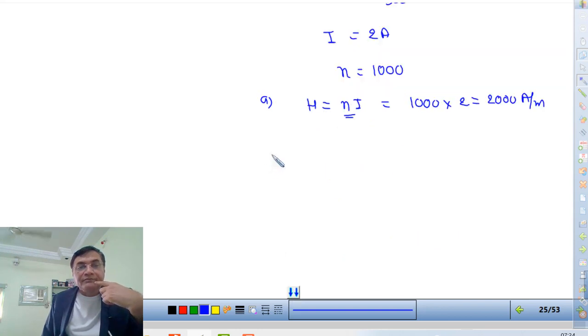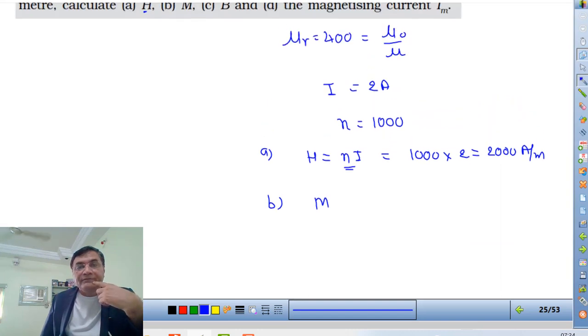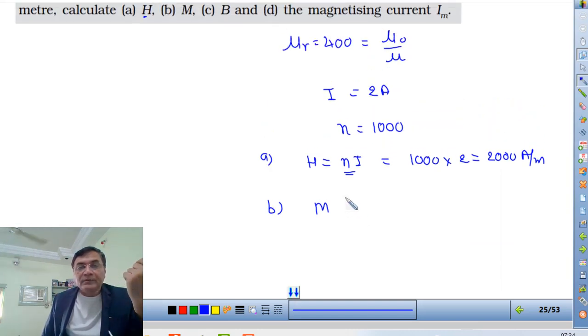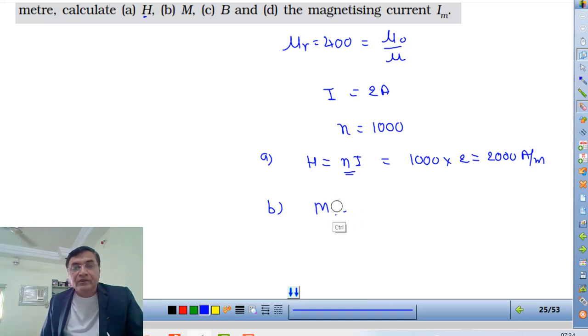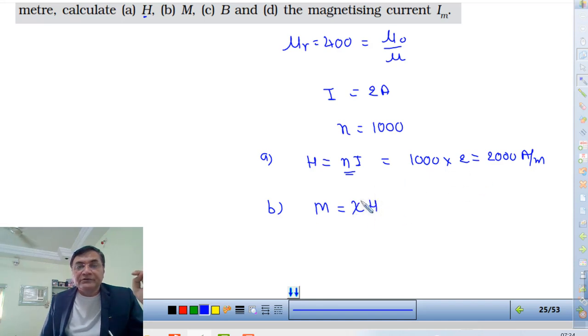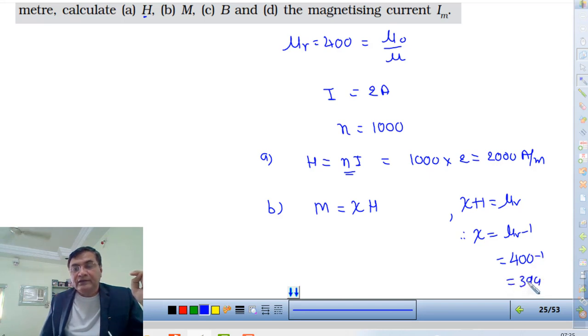Second one is M. What is M? How can I calculate M? So M is equal to, what is our formula? M is equal to chi into H. H we know, but we don't know chi. What is chi? So chi plus 1 is equal to mu R. Our formula. So what is my chi? Okay, mu R minus 1. So mu R is 400 minus 1, so it is 399.